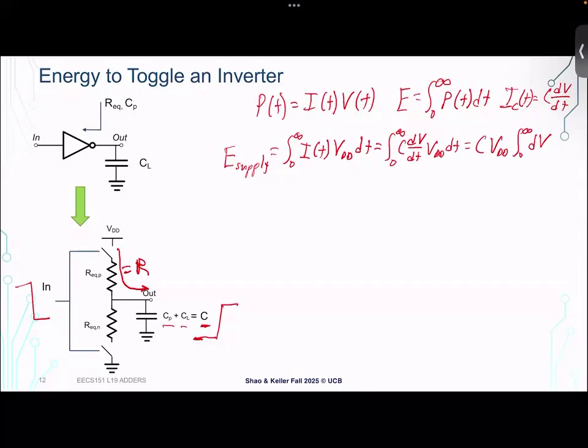We did a little U substitution there, right? You can abstract this as canceling out the dt terms if you like. So now we just need to know the integral as time goes to infinity of dV, right? And well, we know that eventually the capacitor will charge up to VDD.